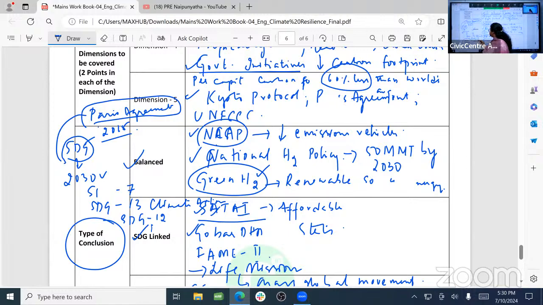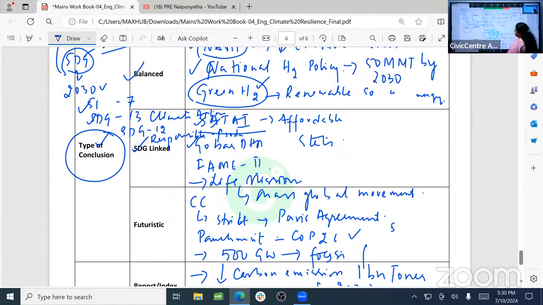Responsible production and consumption. So you can link the SDGs and tell how you can reduce greenhouse gas emissions and link it to reduction of carbon footprint. That is one way of concluding.